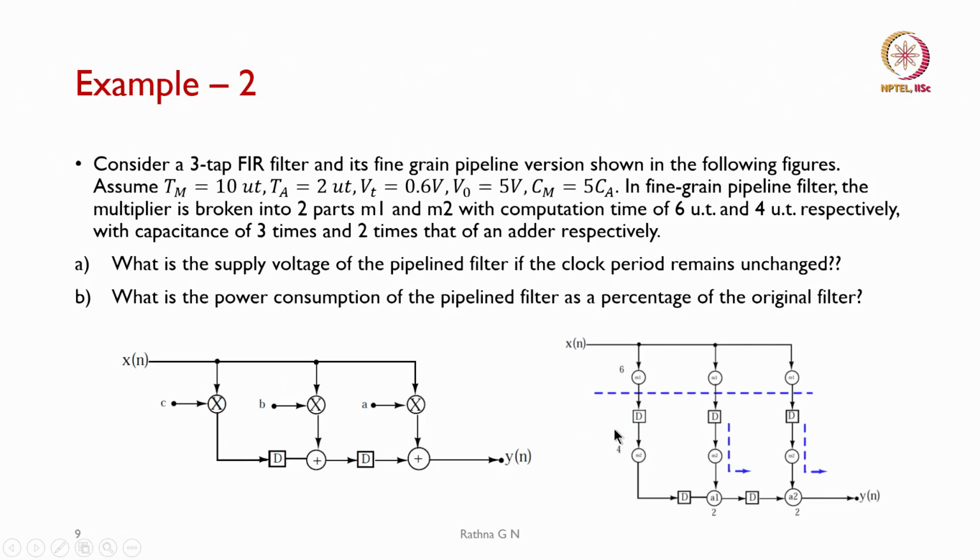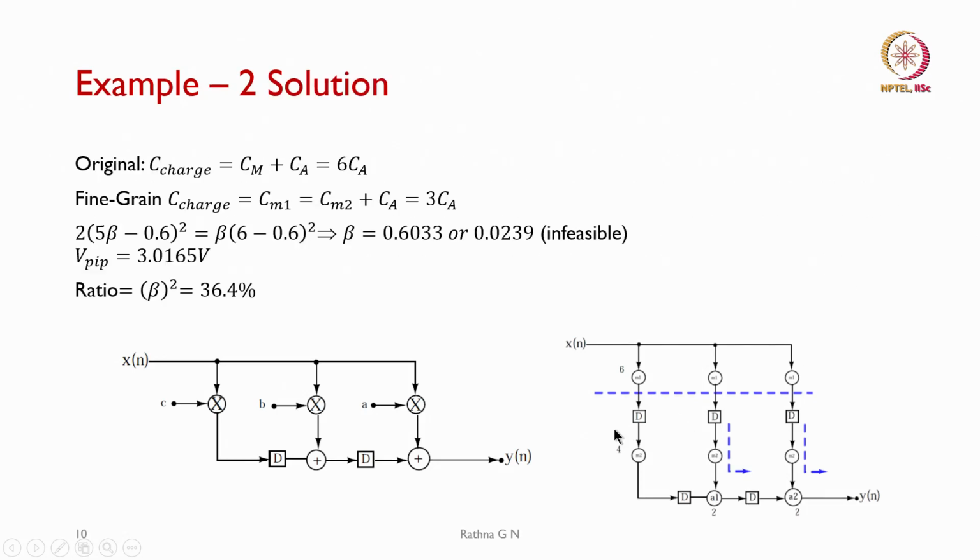So, what happens to our equation? The original C charge was given by Cm plus Ca. We said Cm is 5 times Ca, so it is going to be 6 times Ca.